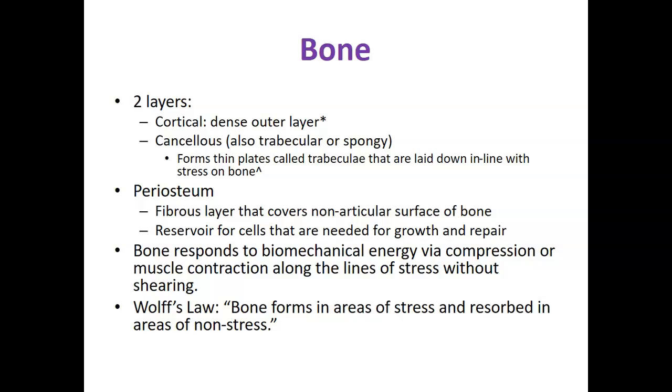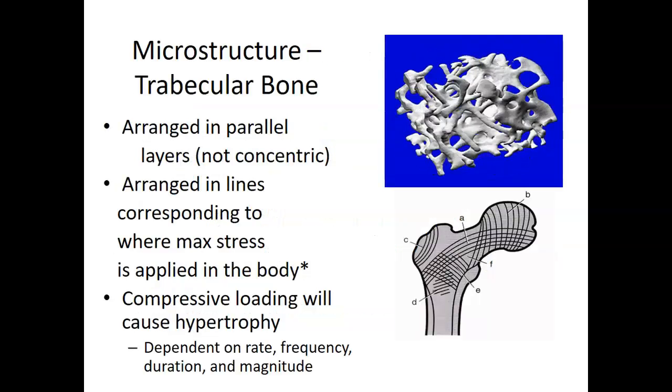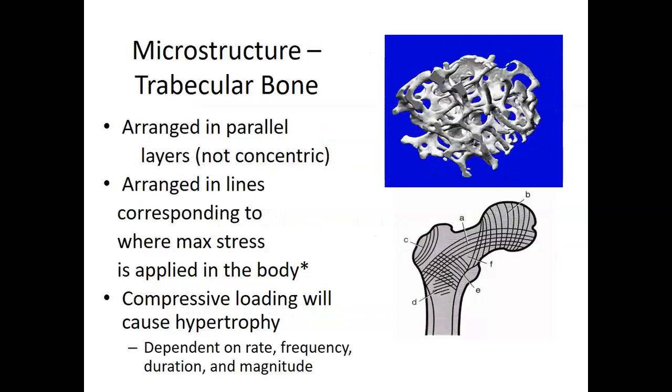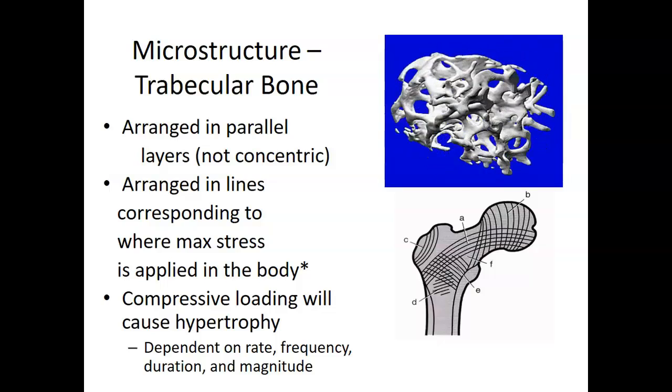It's going to have a better ability to withstand the stress. Cancellous bone is like a scaffolding. So if there's a lot of stress, there's small fibers, it actually can't withstand a ton of stress. And we're going to talk about the stress and strain and the difference here in a little bit. So the trabecular bone is arranged in parallel layers.